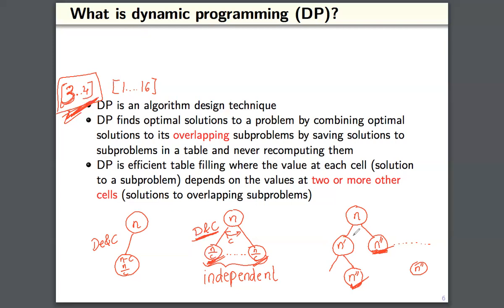What about here? So here, if you look at a problem and its subdivision, it can happen that we might encounter the subproblems again and again. And this property is called overlapping subproblems.